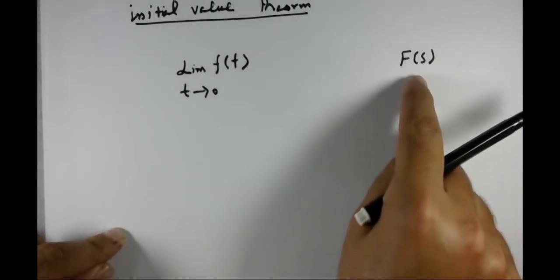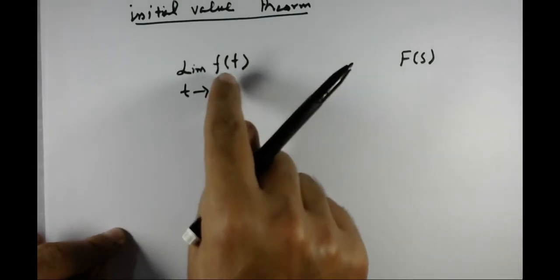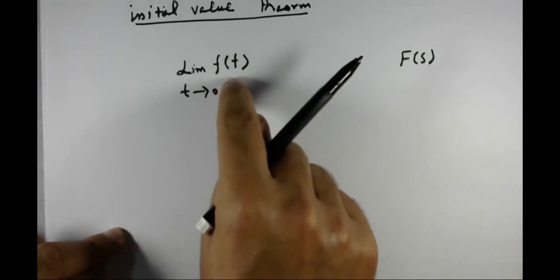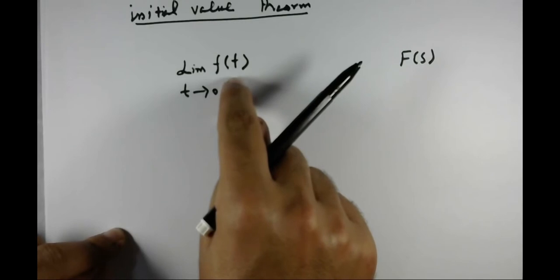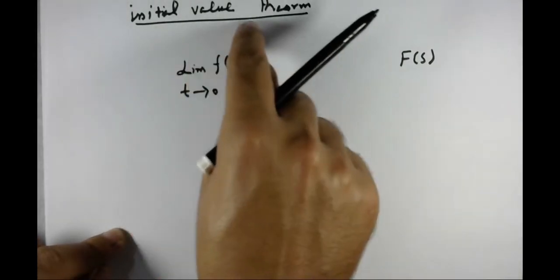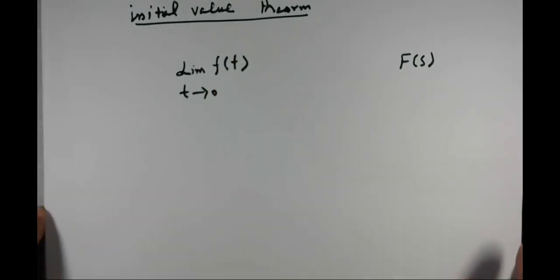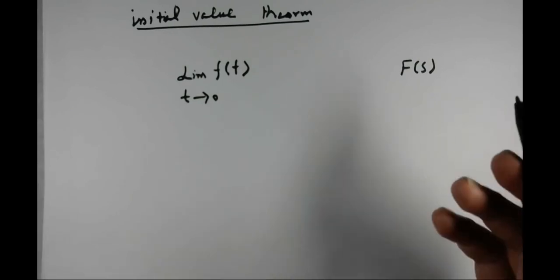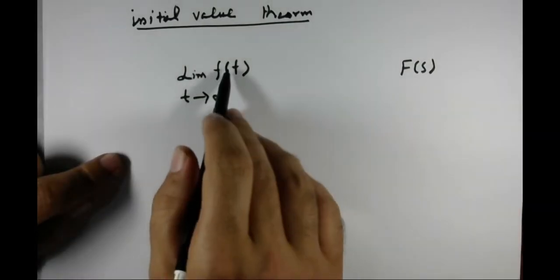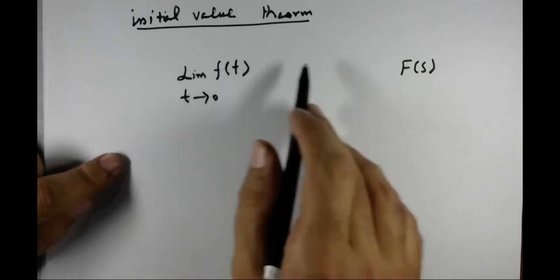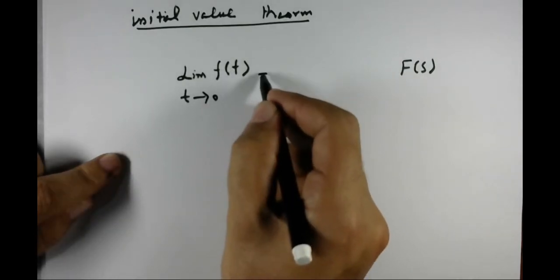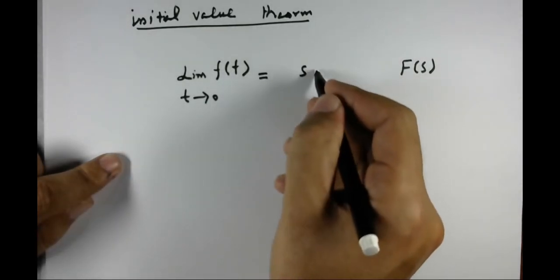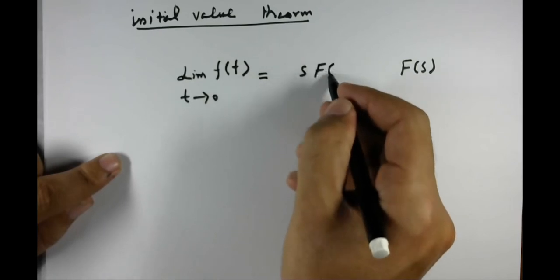You are given this function and you need to find its initial value. With the help of the initial value theorem, you can easily find the response, and this will be equal to s F of s.